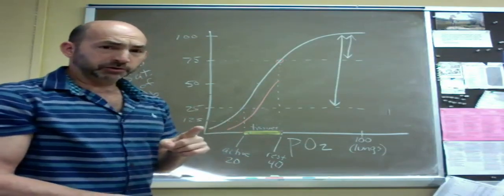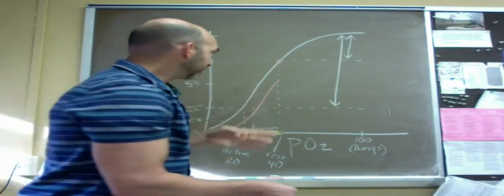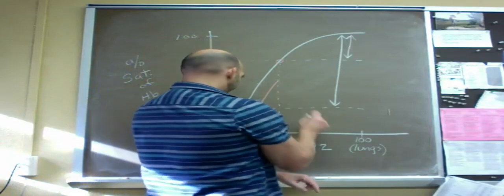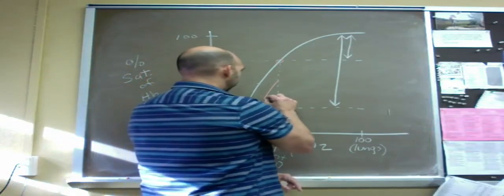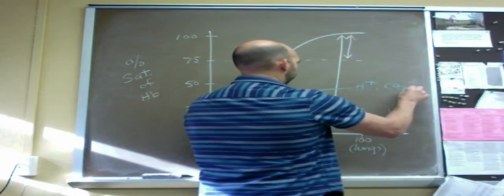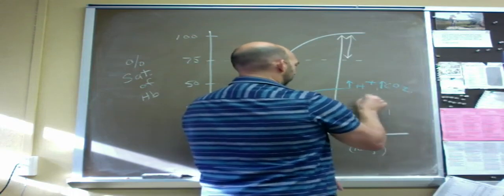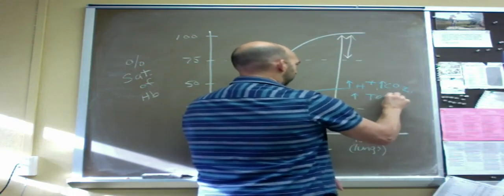There is one other molecule that we have to point out, another modulator of affinity. This shifted curve is caused by H plus, CO2, and again, increased H plus, increased CO2, increased temperature.